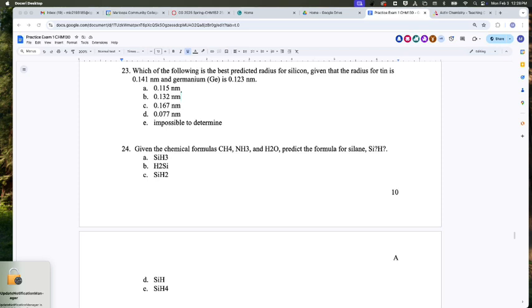Is that a reasonable underneath? No, that looks like a really big drop. So 0.077 doesn't make any sense. How about 0.167? It's higher. That's getting bigger, so that also doesn't make sense. I get 0.0132. That's even bigger. That also doesn't make sense, which means A, 0.115. Based off of the data we have at hand, that's our best guess. So the answer is A.